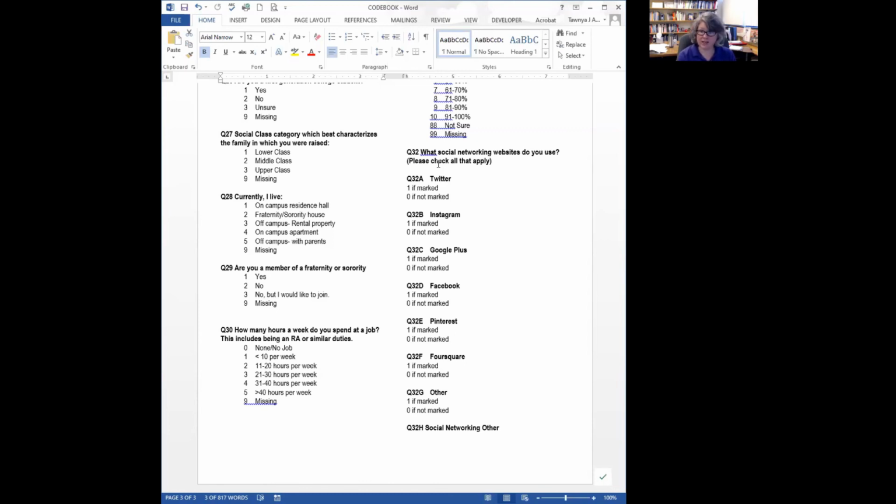If they don't mark any of them, I'm going to assume they're not on those platforms. And then at the very bottom, I have social networking other. Again, that's one of those string or text fields where I'm going to write out whatever they said. Maybe they're using Discord, which is another platform that didn't exist when this survey came out.